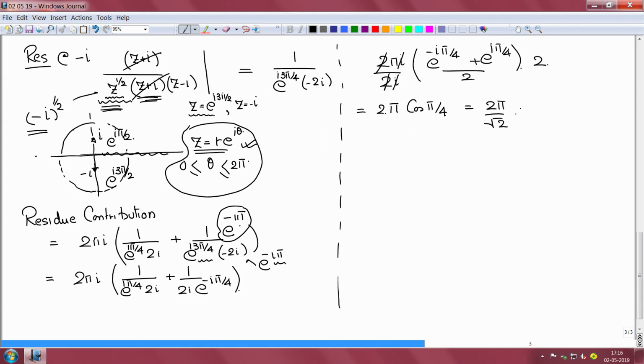And on the left I had twice I. 2 times I is now equal to twice pi by root 2. And so the answer is pi by root 2. Okay. So with this I close today's lecture. Thank you.